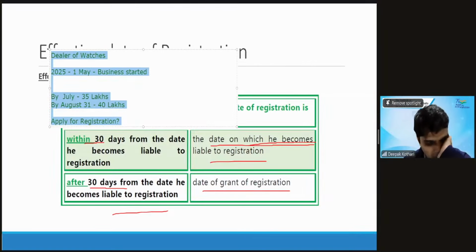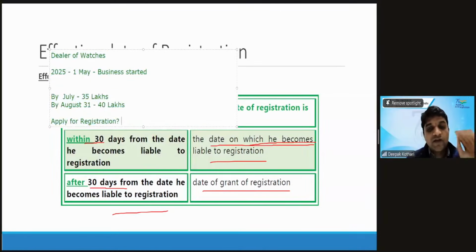By July. Okay. Within September 30th. Correct. Not July, Nagaraja. Once you touch the threshold limit, within 30 days you have to apply. So you have to apply by 30th September.